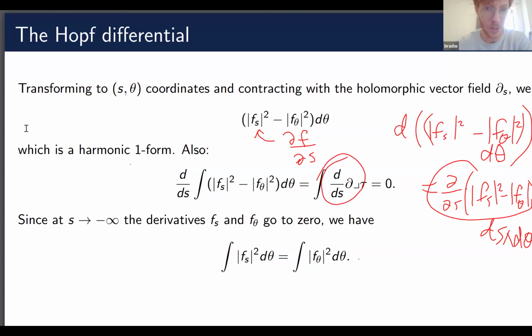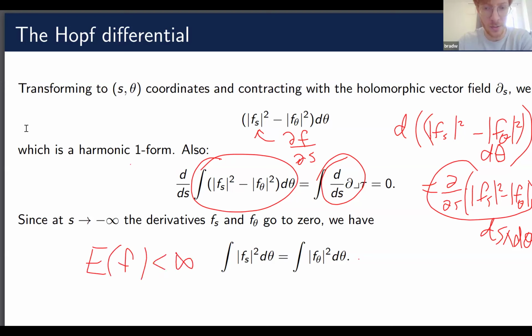So the point of this is that this integral here is independent of s. Let's see what we get from that. As we take s to minus infinity, because the energy of f is finite, which was one of the assumptions in the theorem, these derivatives must go to zero, because otherwise this couldn't be true, right?